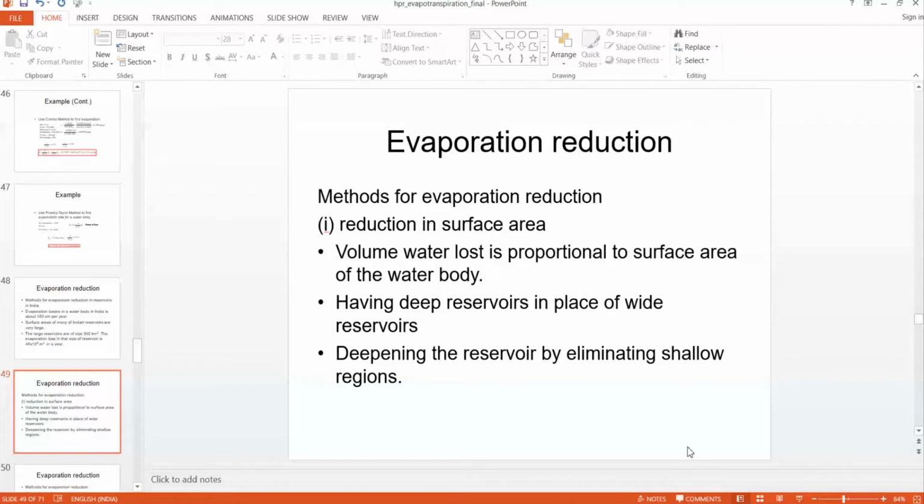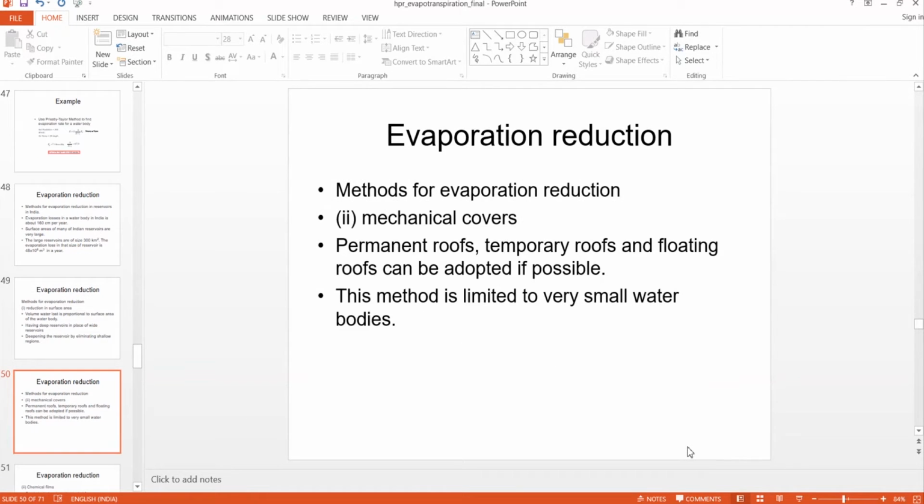One, if possible, is to have a deep reservoir instead of a shallow reservoir, so that the surface area will be less and evaporation will be less. But anyway, as I mentioned, it doesn't matter whether it is a deep or shallow reservoir, because in deep reservoirs the evaporation will be higher during the winters.